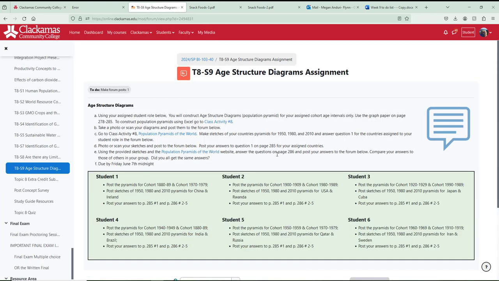And then the last activity of the term are these age structure diagrams. So an age structure diagram, we're going to be constructing using these population pyramids.